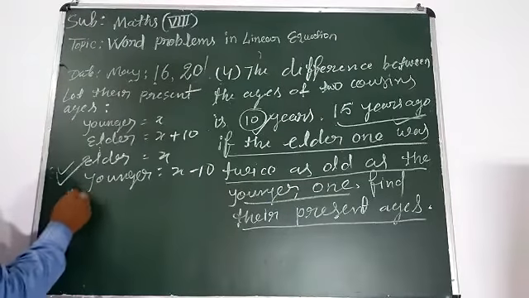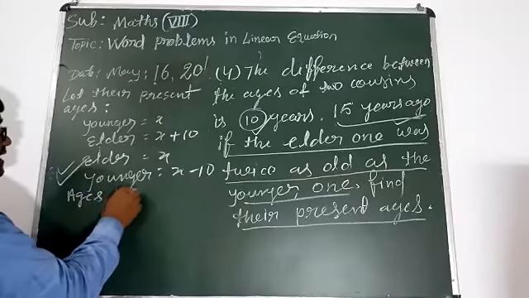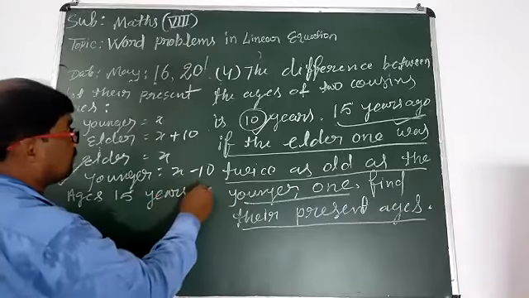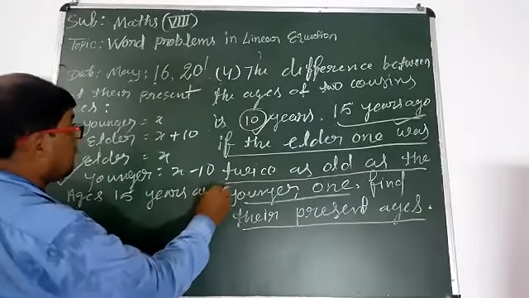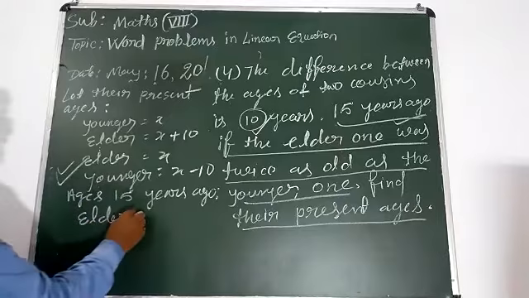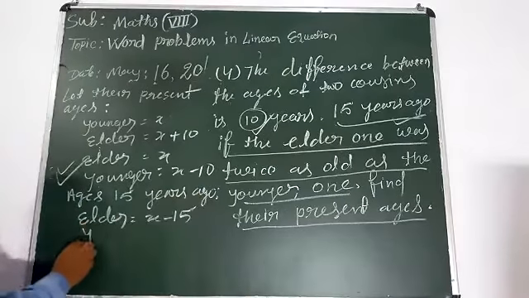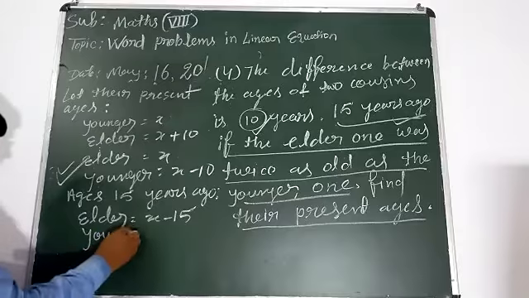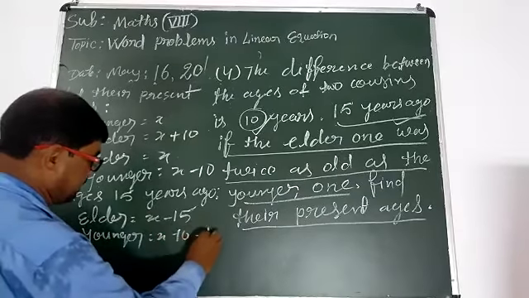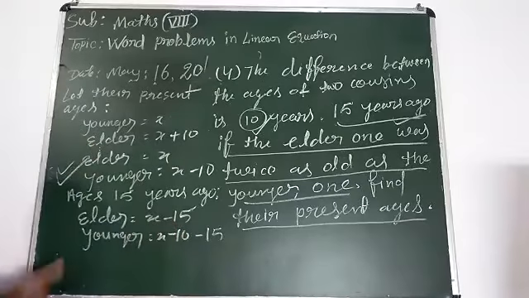Ages 15 years ago. Elder will be x minus 15 and younger will be x minus 10 minus 15. Mind the condition.